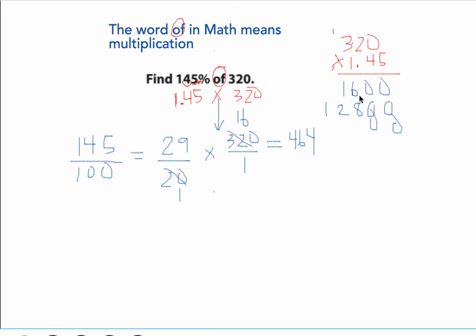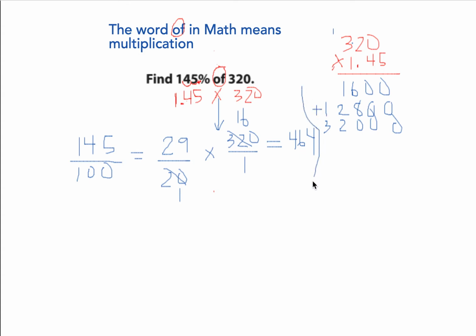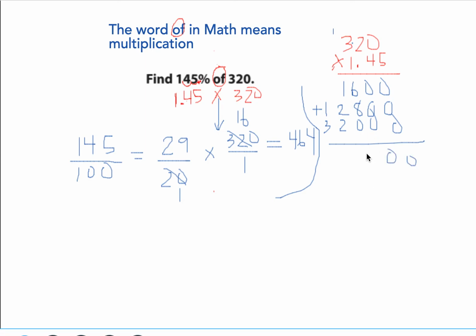Now you should have 1 times 0, 1 times 2, and then 1 times 3. Adding it all up should give you 0, 0, 8 plus 6 is 14. 2 plus 2 is 4, plus 1 is 5, and then this one here is a 6.